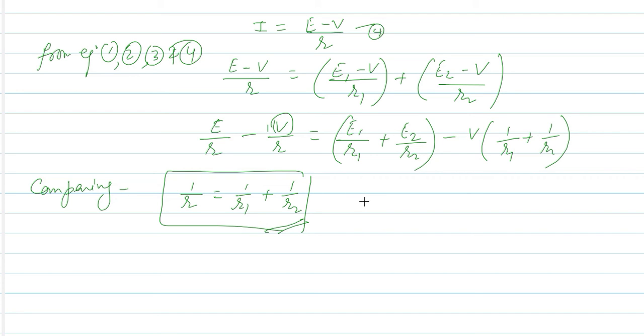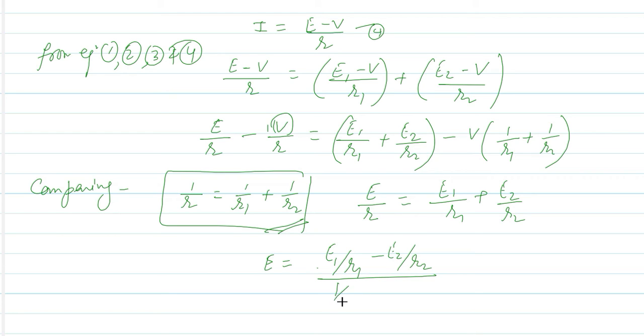Now let me tell you about EMF. So how would you write EMF? You can write by comparing. After comparing, you can write E by r equals E1 by R1 plus E2 by R2, right students? So here you will get equivalent EMF as E1 by R1 plus E2 by R2 divided by 1 by r.